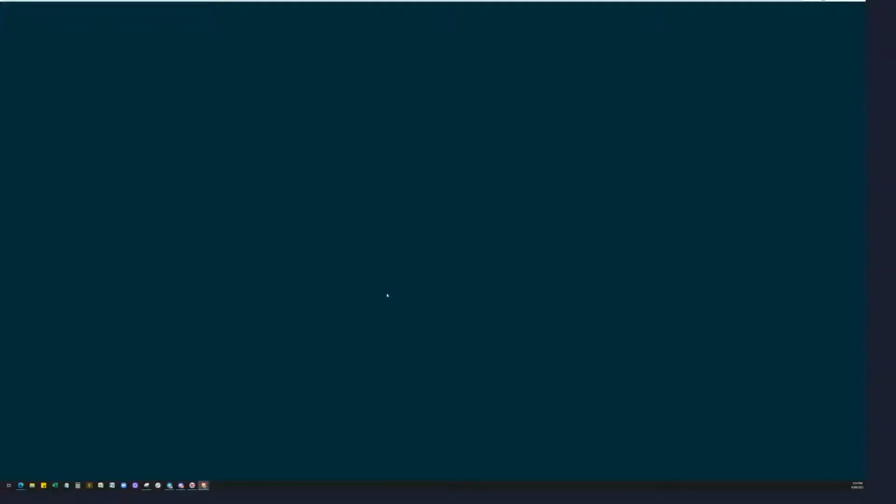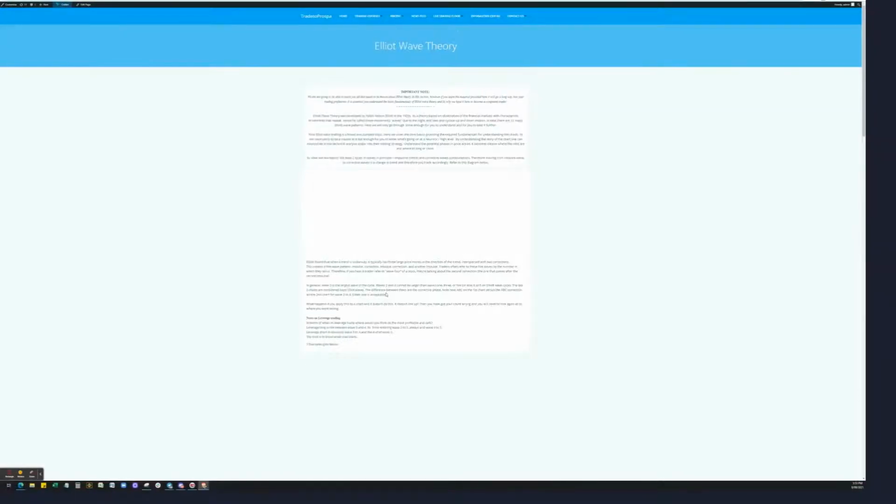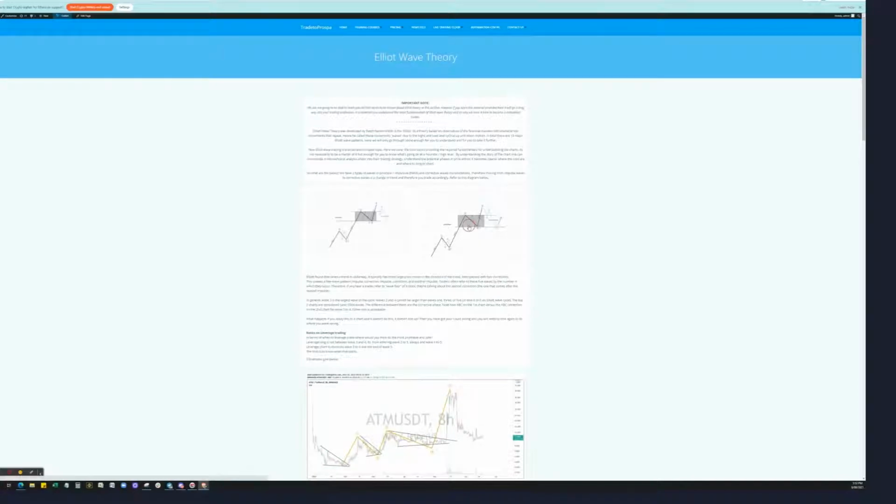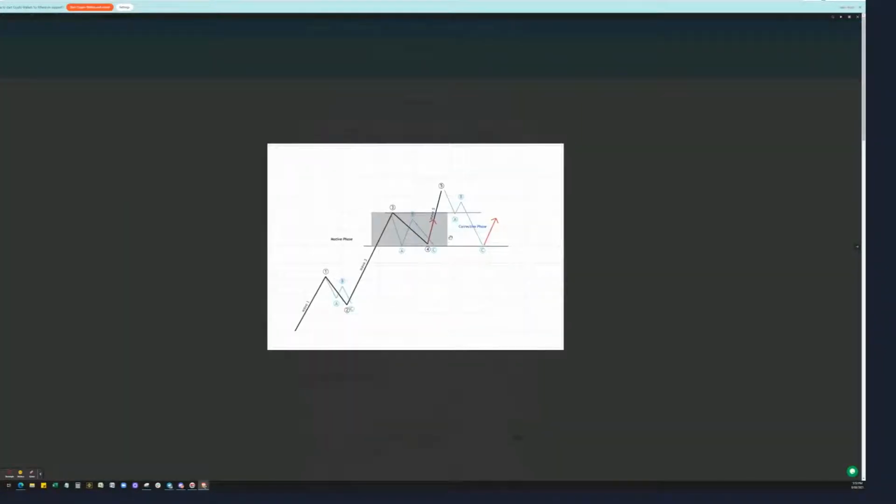So the question is, what kind of Elliott wave are we going to look at, right? So if you look at any of these pictures, that explains what we're looking at.